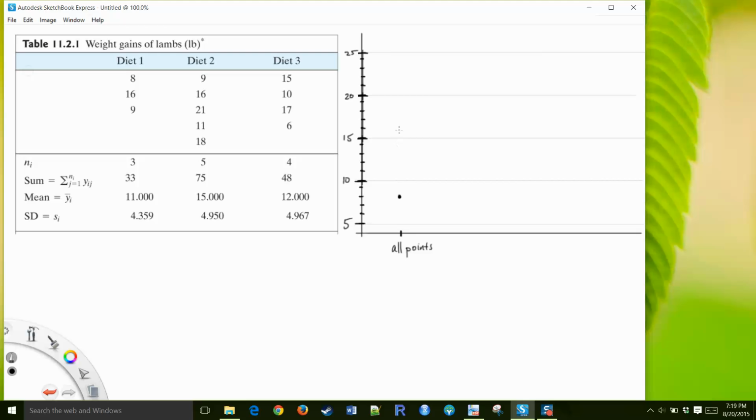Alright, so this is all 12 data points. We would say there's total variance. There's variance between the amount of weight the lambs gained.